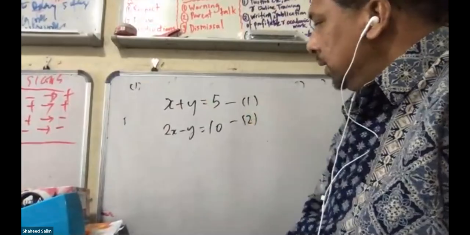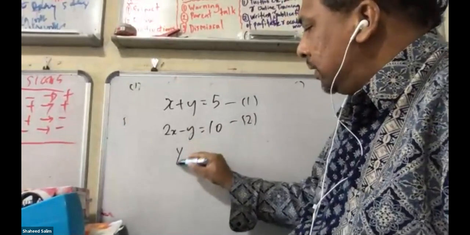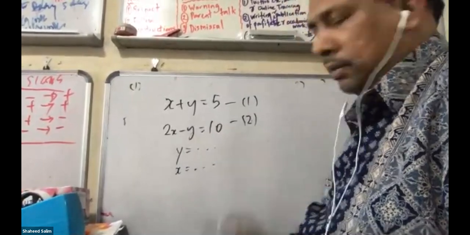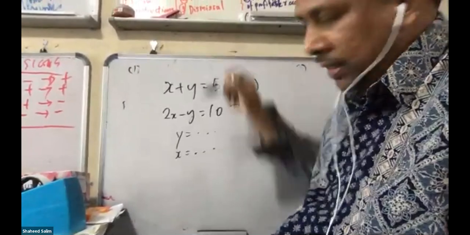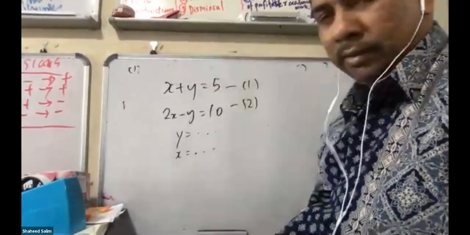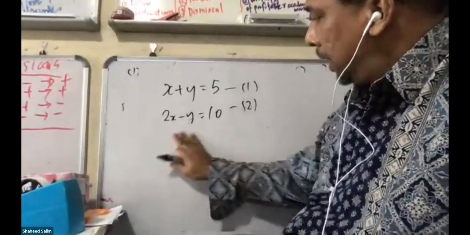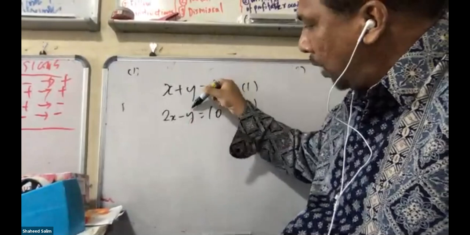The next step, remember, I want to do the substitution. In order to do the substitution, I must have y equals to something, or x equals to something. If I know y, I can put the value inside here. Or if I know what x is, I can put the value inside here. It doesn't matter which one. Let me find out what y is, then put the y value here.